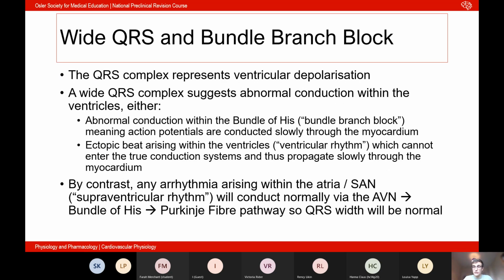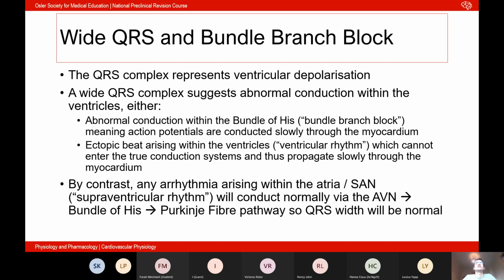And if we have a wide QRS, meaning that ventricular depolarization is slower, then that suggests abnormal conduction in the ventricles, which can be due to a bundle branch block, or it can even mean that the impulse of ventricular depolarization isn't coming from the atrioventricular node and through those fibers, but is actually arising in an ectopic bit of tissue somewhere else in the ventricle, which means that depolarization propagates slowly through the myocardium rather than through those really fast bundles that are designed to propagate those action potentials really, really quickly.